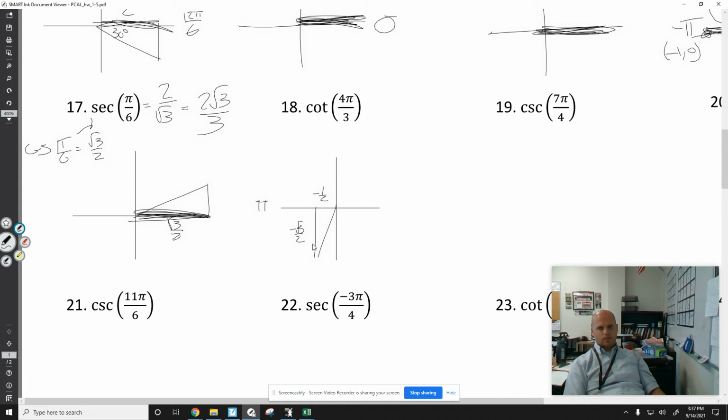There's my triangle. Cotangent adjacent over opposite. So I got negative 1/2 over negative root 3 over 2. A negative divided by a negative is a positive. So I got 1/2 times 2 over root 3. 2's cancel. I get 1 over root 3. Rationalize that puppy. Root 3 over 3.